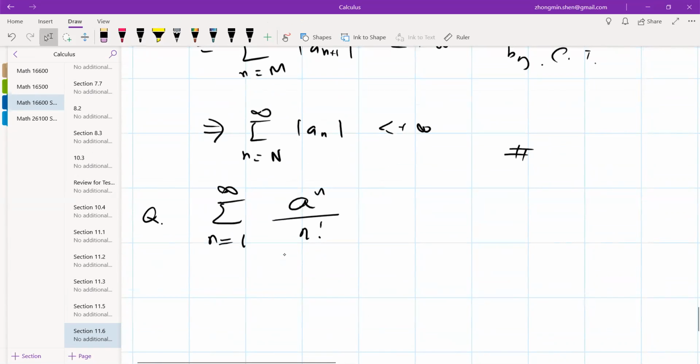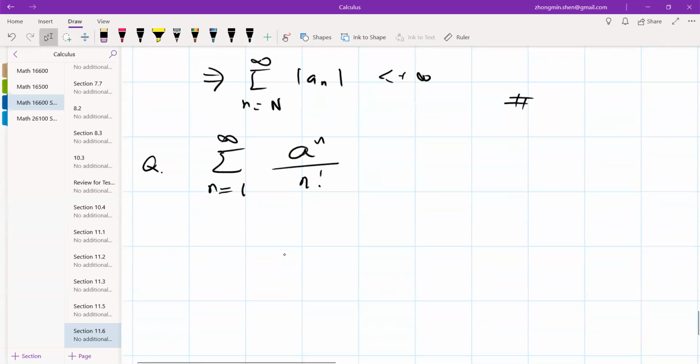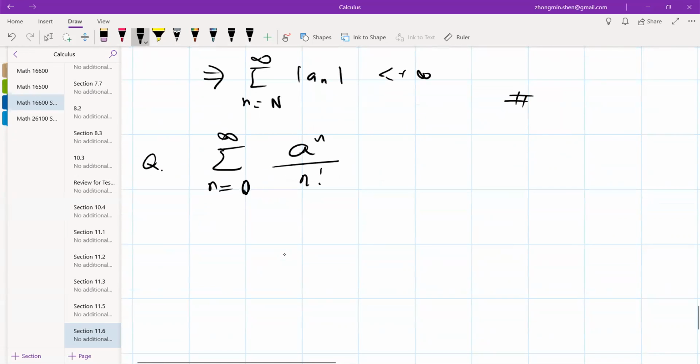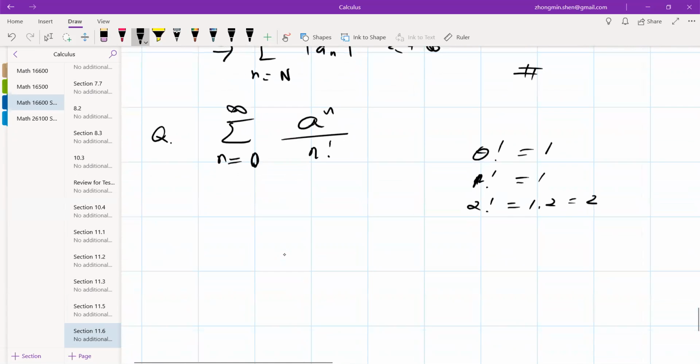A is non-negative, or could be negative, and n can start from 0. It doesn't matter. So 0 factorial is 1, 1 factorial is 1, 2 factorial is 1 times 2. By definition, 0 factorial is always 1, not 0. So my a_n is this term.